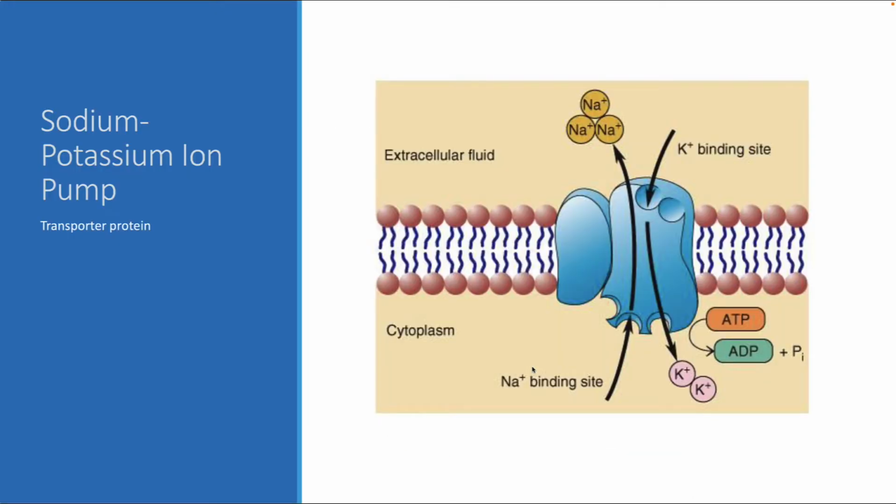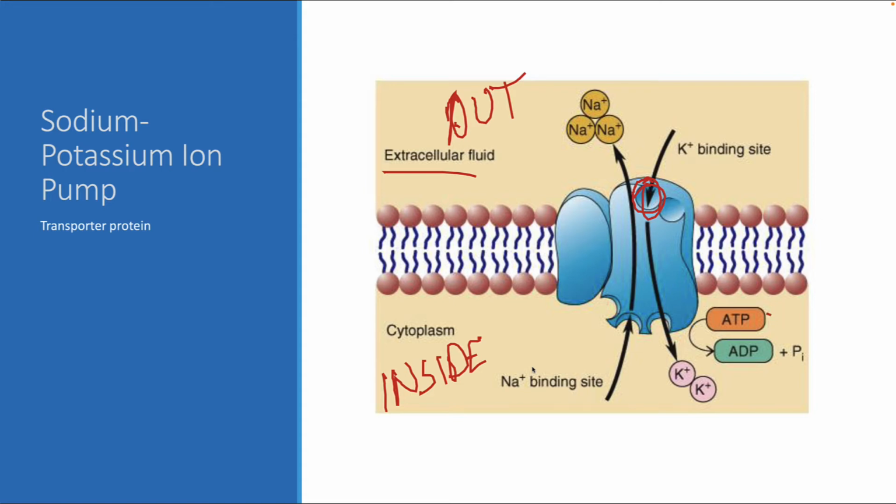The sodium-potassium ion pump is pictured here, and again, this is a transporter protein that has binding sites on the outside. Remember, this is the extracellular side. So this is the outside of the cell, inside of the cell. And so that potassium binding site is here.